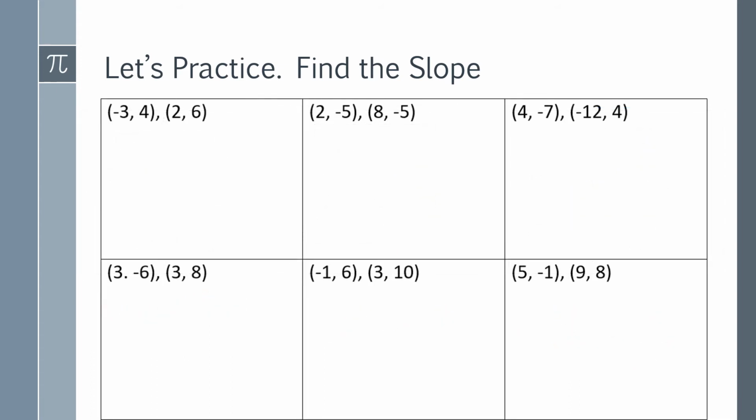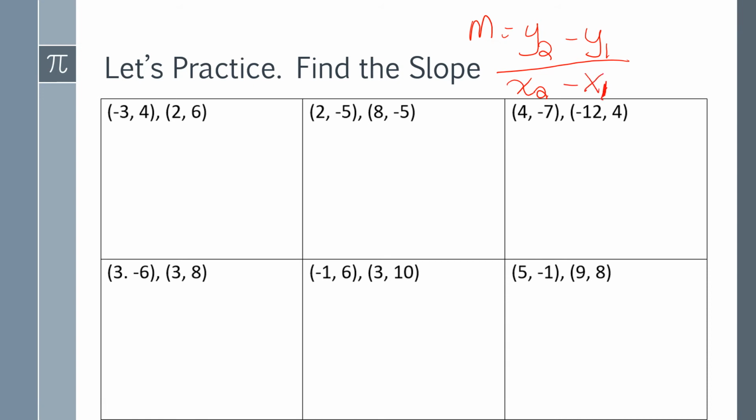Okay, so in the last slide, we looked at finding the slope graphically. Now we're going to look at finding the slope algebraically. And to find the slope algebraically, we have to remember the beautiful formula that I gave you earlier, which is m is equal to y2 minus y1 over x2 minus x1.